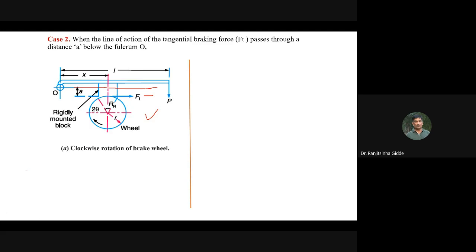First I will write, you can just check, don't write anything. Rn into x plus Ft into A is equal to P into L.